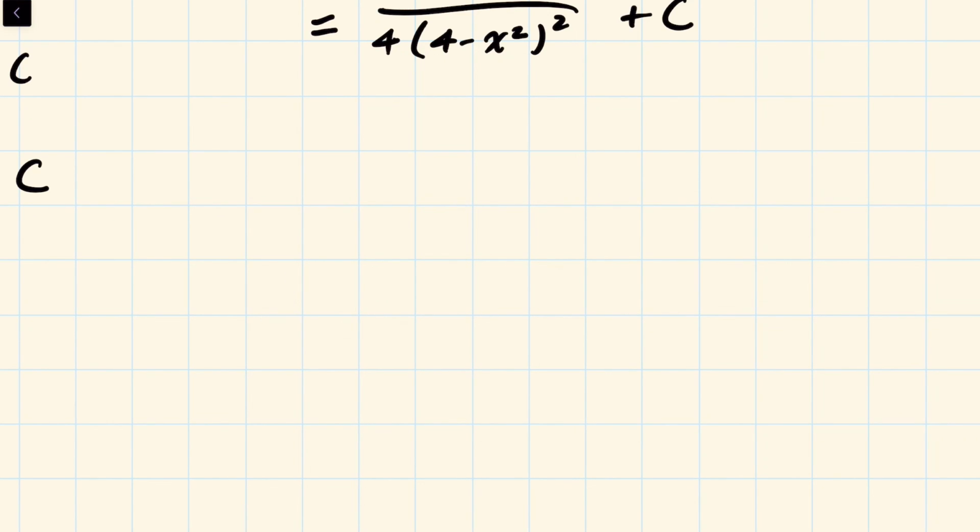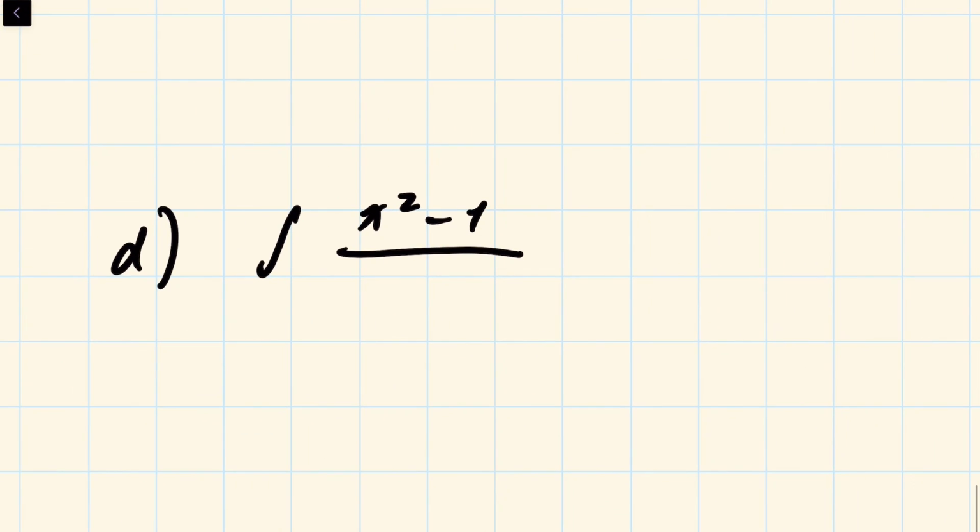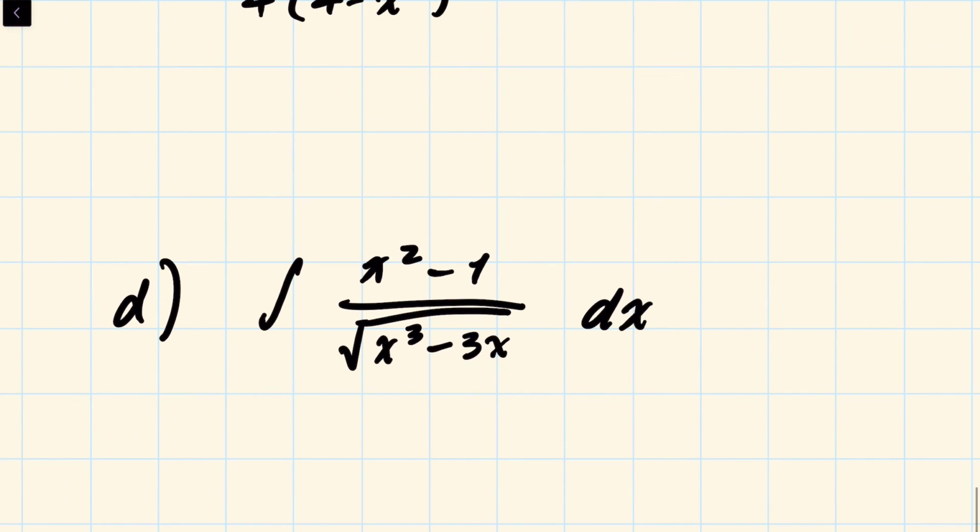So D, I'll say the indefinite integral of x squared minus 1 over x cubed minus 3x dx. Okay, so take that home, try and solve it, and leave your answers in the comments, and I'll reply to them confirming whether or not you were right.